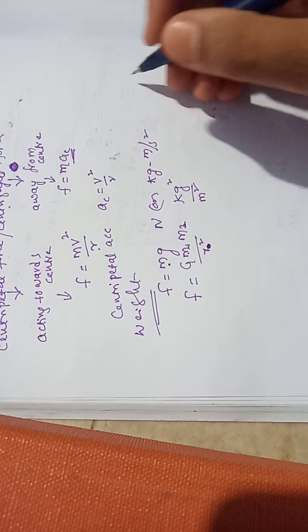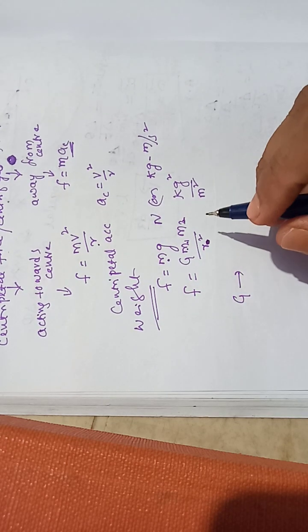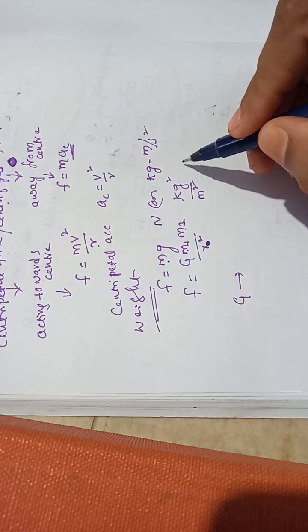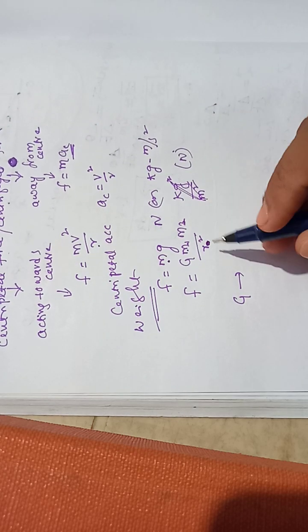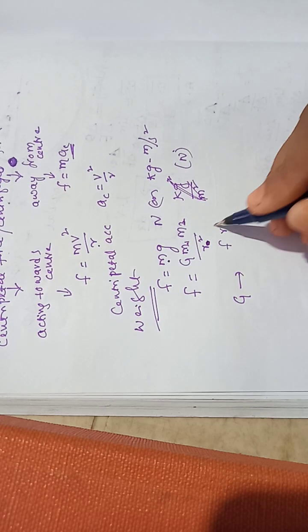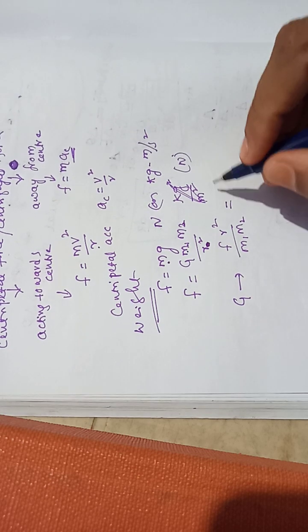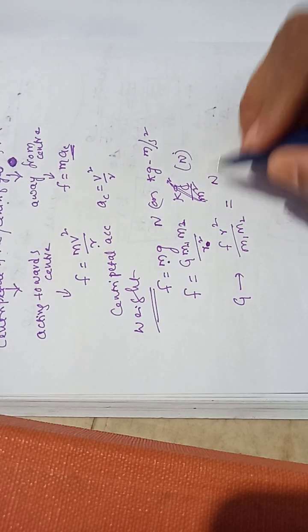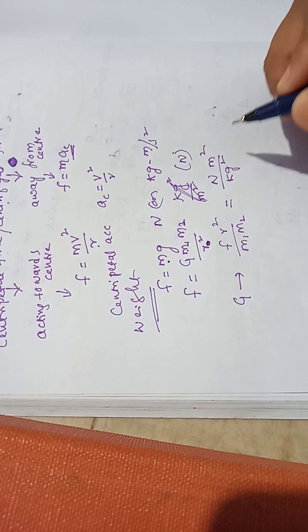Okay, and what are the units for G? Simply you can write Newton, that is enough. Now G is equal to F r square by m1 m2, that is F Newton meter square by kg square.